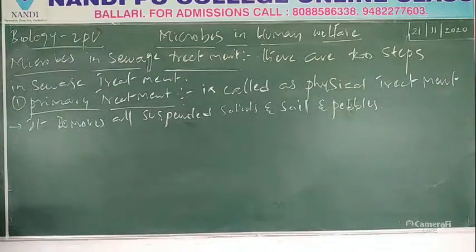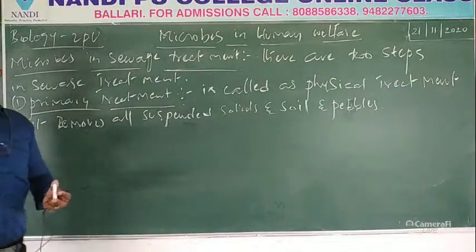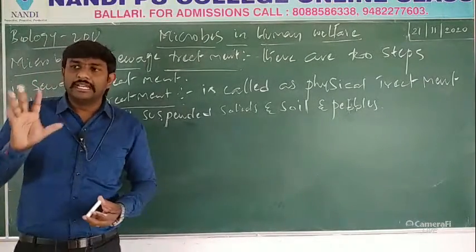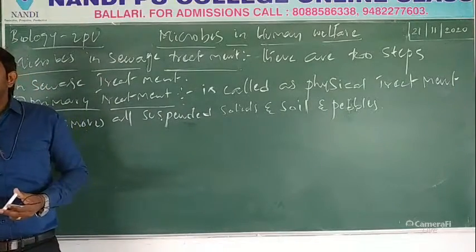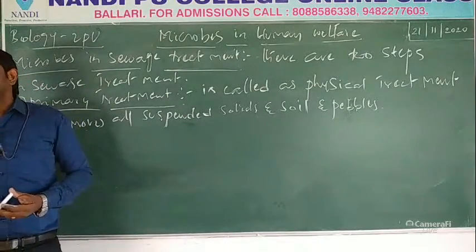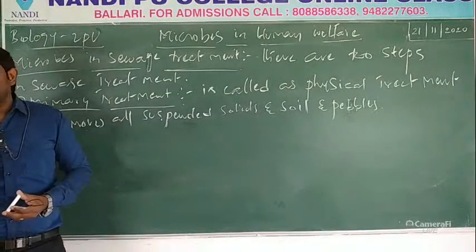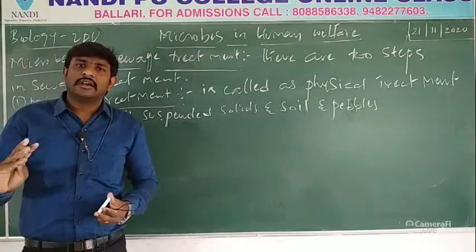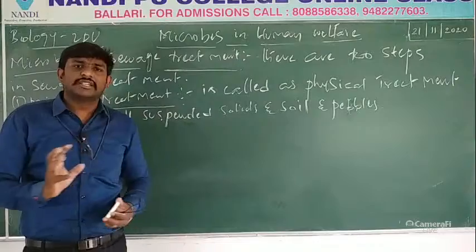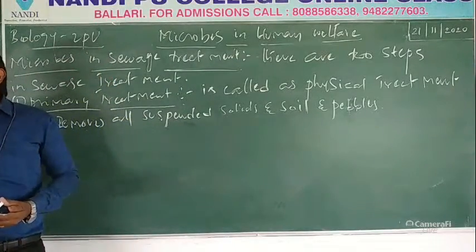In the municipal wastewater, mainly there are two polluting agents. One is suspended solids, waste materials like solid materials. For example, papers, plastic covers, and soil particles are all suspended solids.